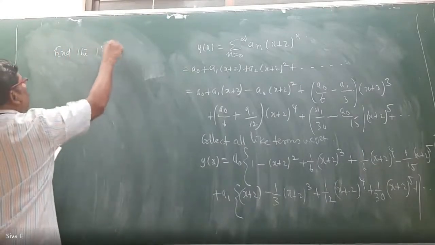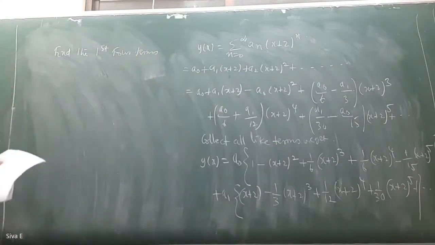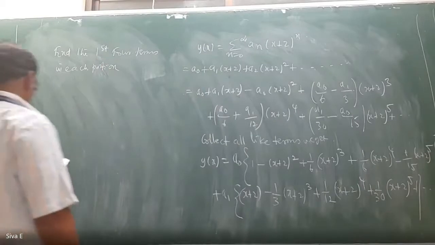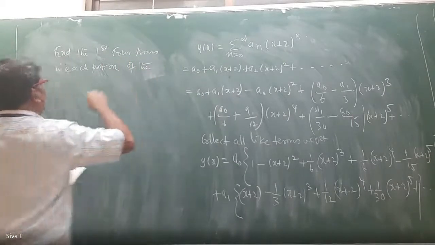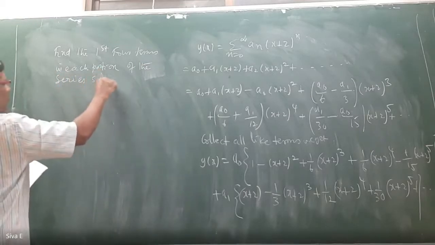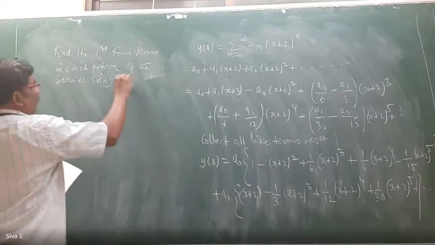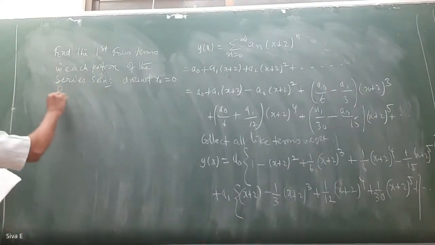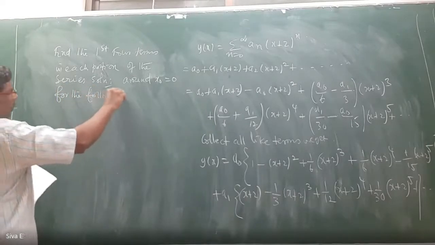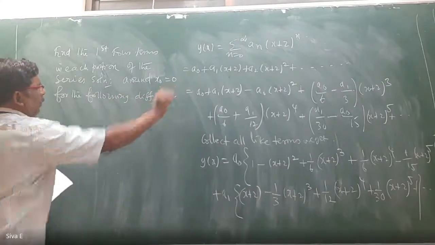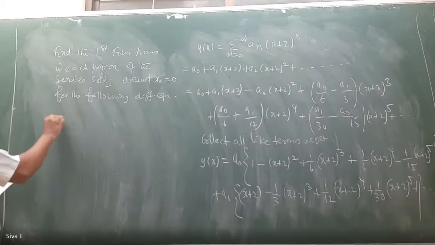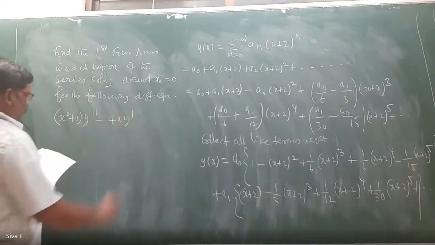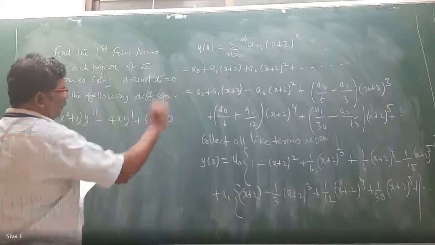Find the first 4 terms in each portion of the series solution around x not equal to 0 for the following differential equation: x square plus 1 y double dash minus 4xy dash plus 6y equal to 0.